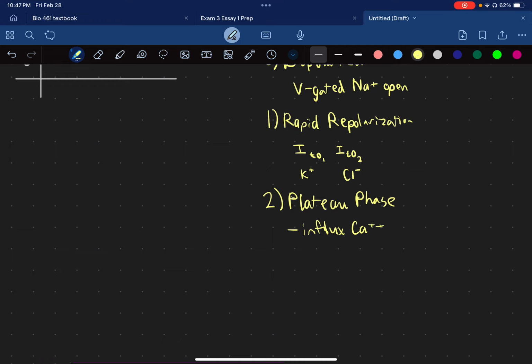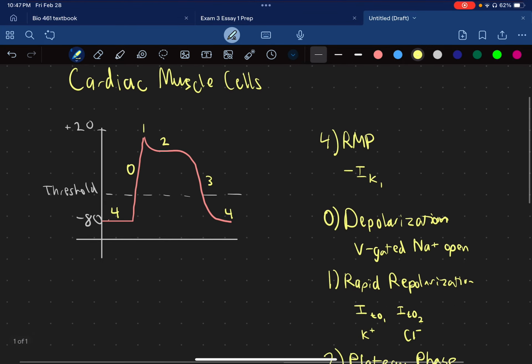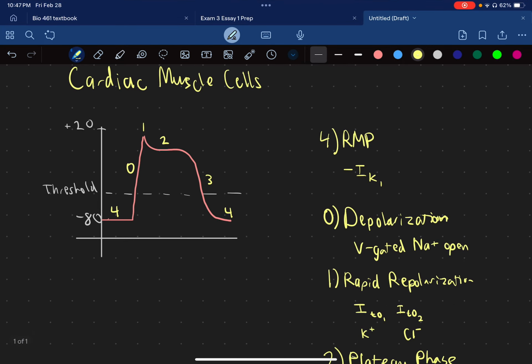They're delayed from the sodium channels, and that's why there's this delayed plateau phase. The reason for the plateau phase is it's actually going to help our muscles prevent tetany. So there's going to be a complete rest in between each contraction of the muscle.